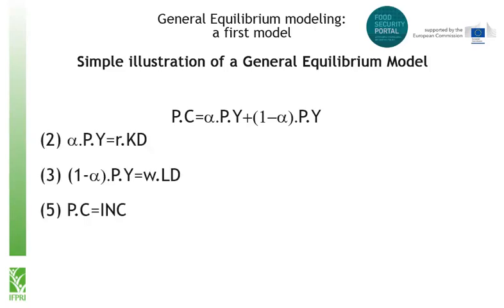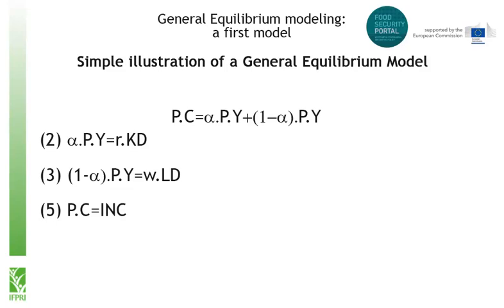So equation 2 is alpha times P times Y equals R times KD. Equation 3 is 1 minus alpha times P times Y equals W times LD.